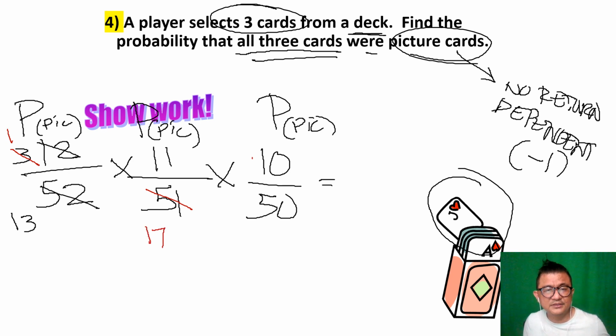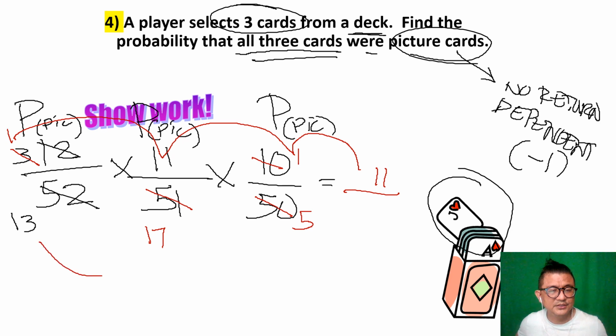The 10 and the 50 I could divide. That's a 1/5. Divide by 10, divide by 10. Is there anything else I can divide? No more. So I can just multiply the numerator: 1 times 1 times 11 times 1 is 11.